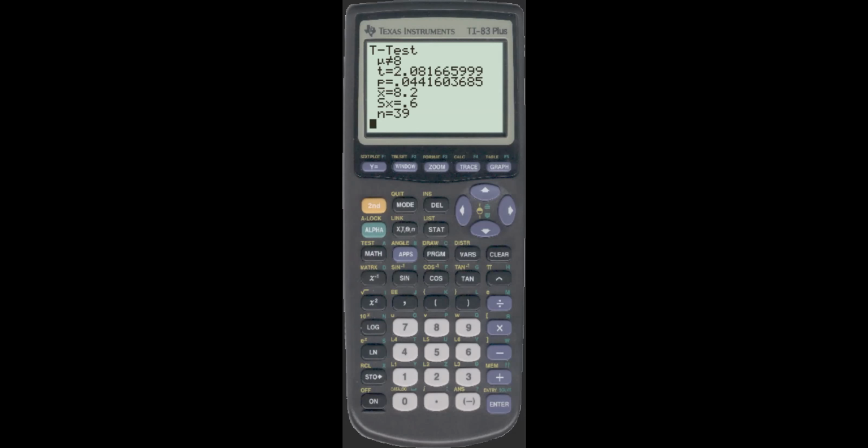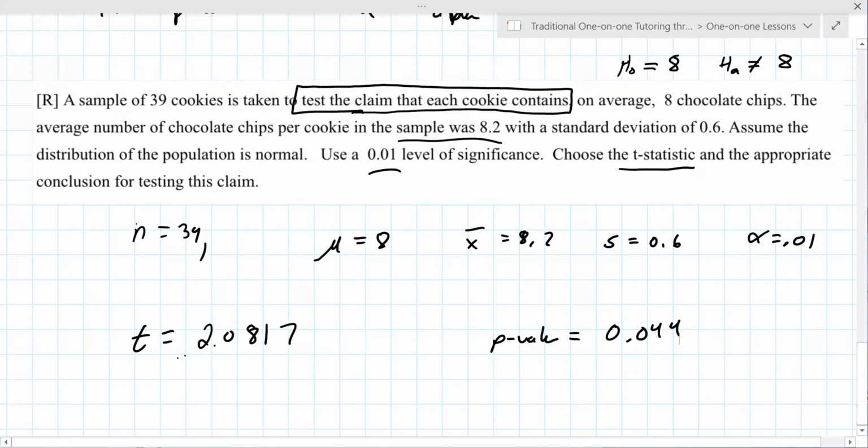Okay, so now let me go back to the other screen, and if you're looking at the question on your screen, you'll see that it could be the first two options. The p-value is greater than 0.01. Since it's greater than, you fail to reject.